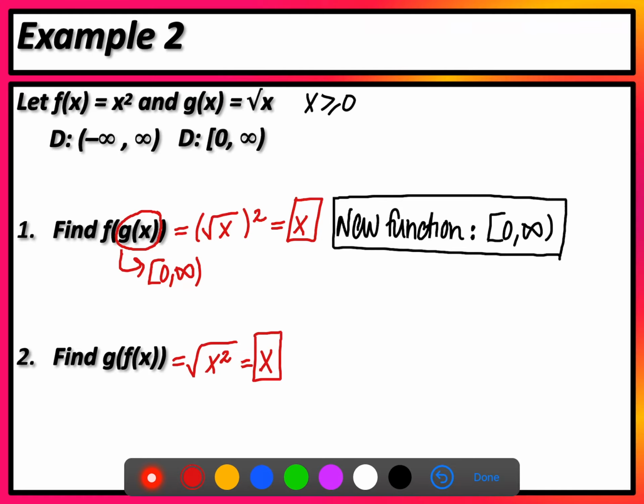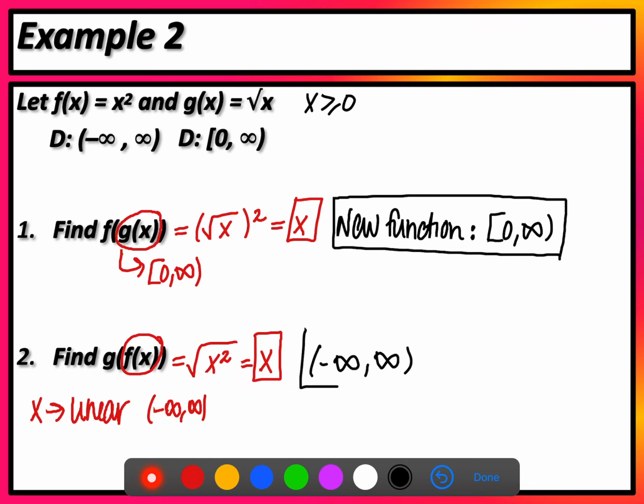Okay, and we know that just x is linear, and the domain would be negative infinity to infinity, but we also want to take into account the domain from the function that was substituted in. And the domain of f is negative infinity to infinity. So I have no restrictions from either of those. So this domain can actually be negative infinity to infinity.